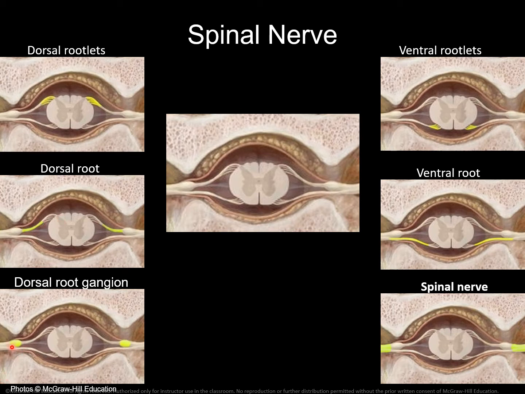This is that dorsal root ganglion that has all of those cell bodies that are sensory. Now we have the message coming out from the nerve cord, and here a part of the spinal nerve are the ventral rootlets heading into the ventral root, and then where the dorsal and ventral root combine is where we actually have the spinal nerve.